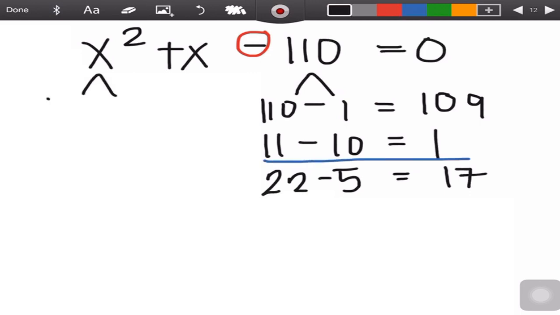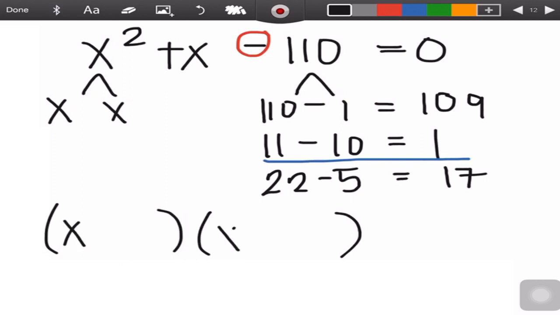Next, we will factor the first term, x times x, two parentheses, put the factors of x in both parentheses, and then we will use 11 and 10. So we have 11 and 10. Since our third term is negative, we will use different sign, and then the higher factor will follow the sign of the middle term.